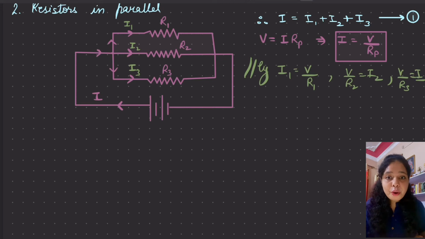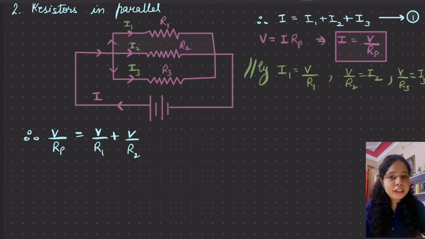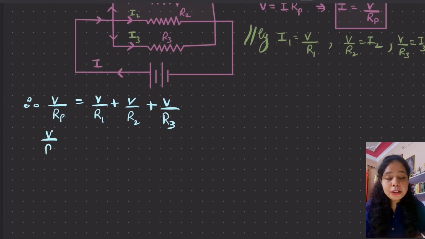Now substituting all these values in the equation, I is equal to I1 plus I2 plus I3. So we are having V upon RP is equal to V upon R1 plus V upon R2 plus V upon R3. And now we can take V common from right hand side.